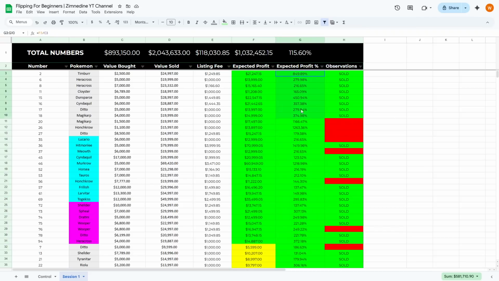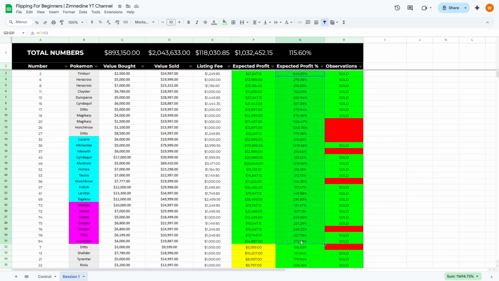So the best ones we can find were the Timburr, that is a desired species and female with 31 IV in it, Heracross with 31 IV in it, Cloyster 31 IV, Dunsparce, this was a breeder, Cyndaquil was a breeder, Ditto was 31 and 20 in other stats, these Magikarps were breeder as well, Honchkrow was a breeder, this Ditto also was a breeder, so you can tell that my best profit and the most I made on each one were actually from breeders or desired species, and that's what you should aim to buy when you're doing this template.